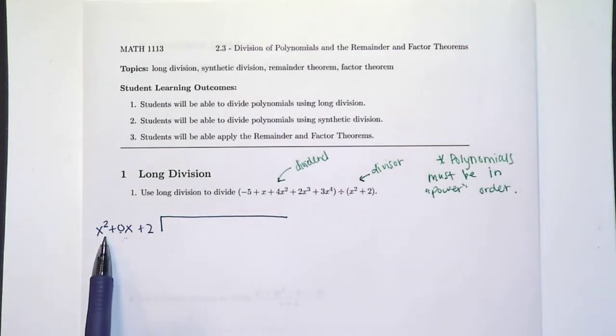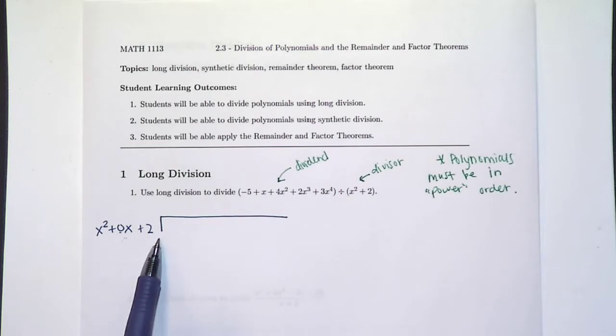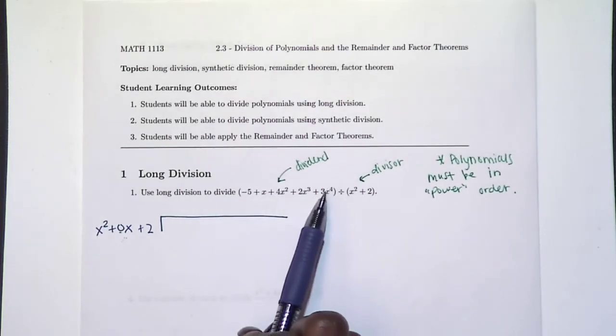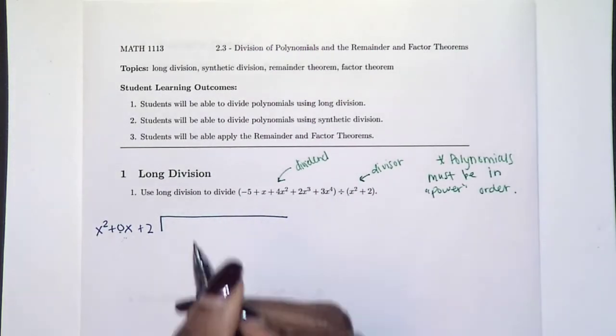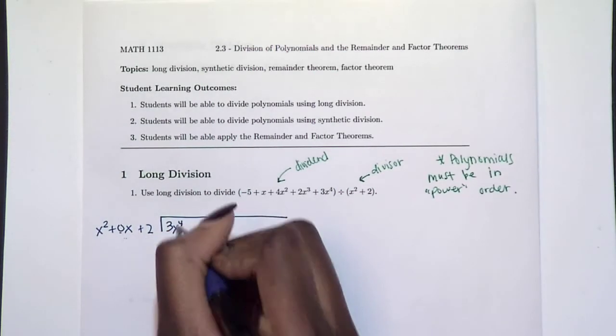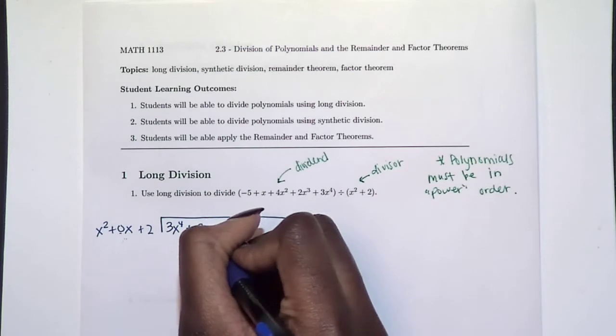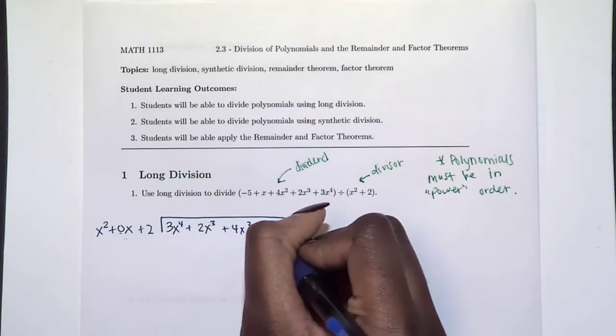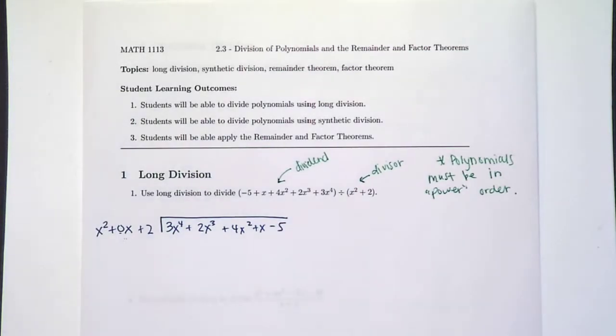All right, so I have x raised to the 2nd power, x raised to the first power, and the constant is x raised to the 0 power here. Okay, so then for the next one, we also want to put this in power order starting with the highest power. So my first term I'm going to write down is 3x to the 4th, and then 2x to the 3rd, plus 4x squared plus x minus 5.